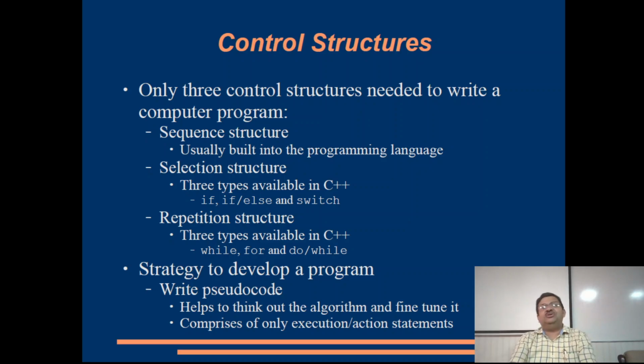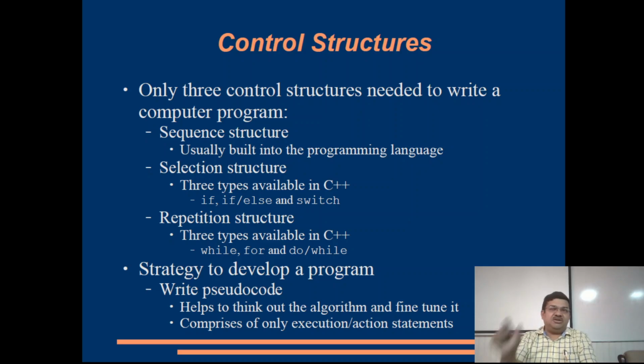Translating pseudocode into an algorithm is easy. Once you write the pseudocode, you will realize that it translates very, very easily into a working algorithm of how you need to develop your program to solve that problem, right?